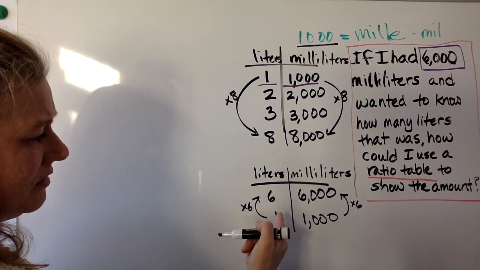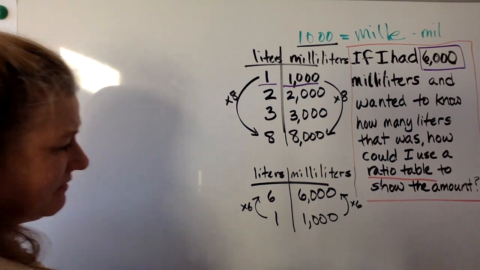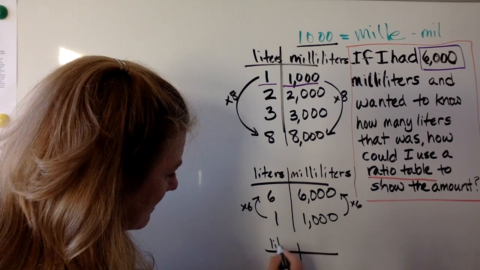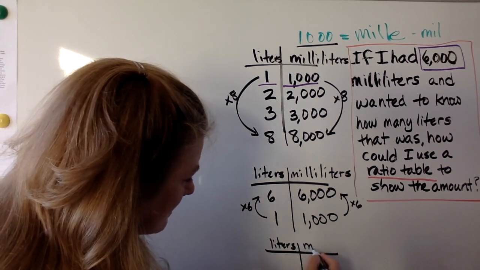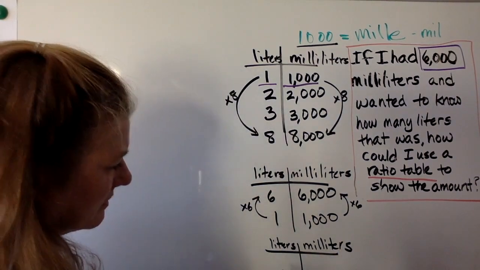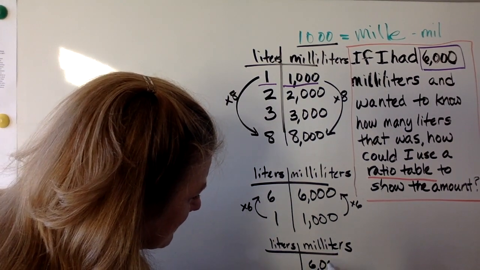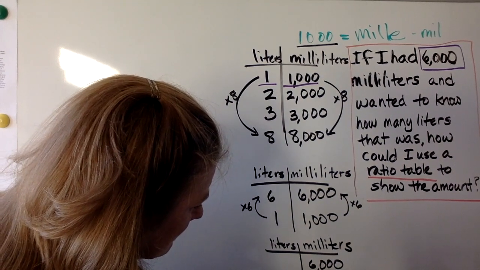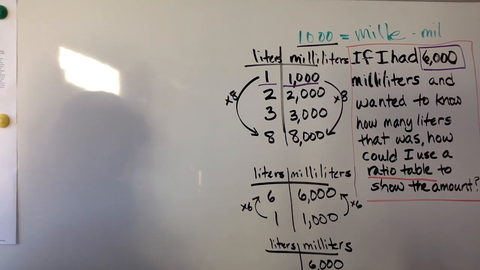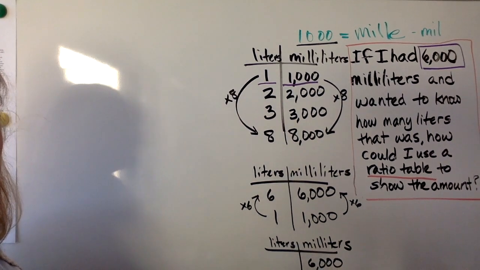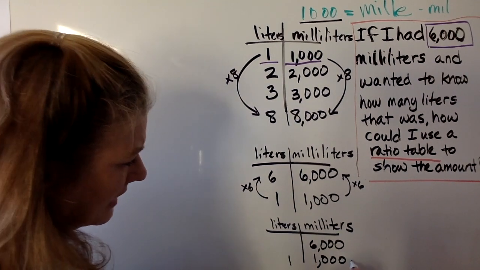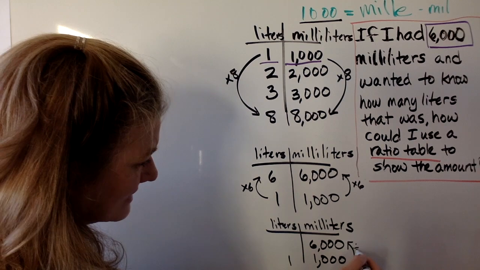Another way you might think of it, some people might think of it this way, is if you had liters and milliliters, and you start with 6,000, and we know that 1 liter equals 1,000 milliliters. I'm going to just adjust that a little for you.